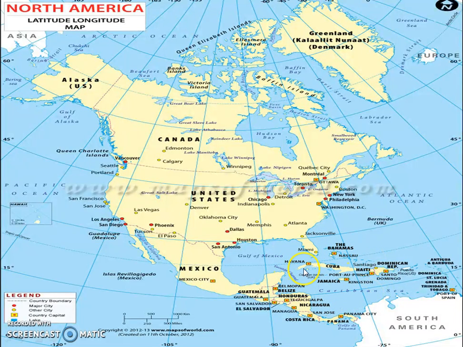I will locate its capital, that is Havana. I will locate countries that are nearby Cuba. I can see Bahamas. If you are a Bollywood film freak, then you might know that the film Blue of Akshay Kumar was shot in this place.